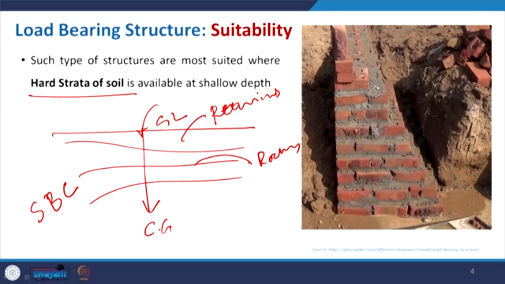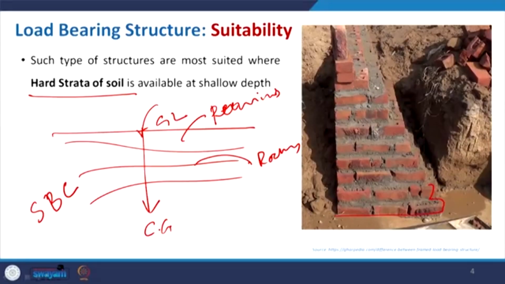So, wherever we can get this hard strata at very little depth, maybe within a limit of 1.5 meter to 2 meter, where we get that rock strata, in those conditions this particular load bearing structure will be useful. Here you can see that with this spread footing, with the offset, they are making the foundation only with brick, and you can assess the height of this brick varies from 75 mm.